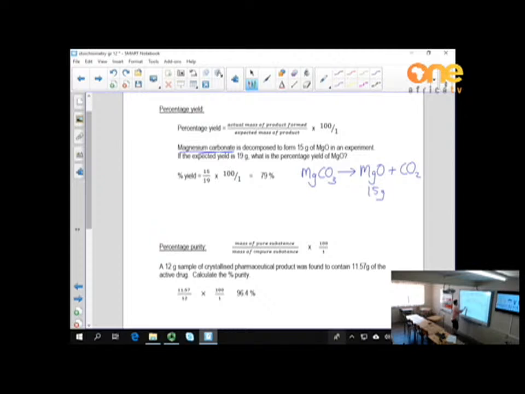They say we actually expected 19 grams. So what is the percentage yield? Well, we thought we would get 19. We only got 15. So the percentage yield is 15 over 19 times 100 over 1. It would give us a 79% yield.